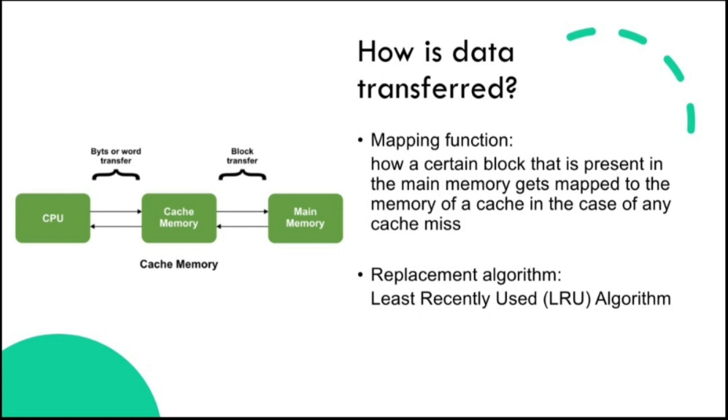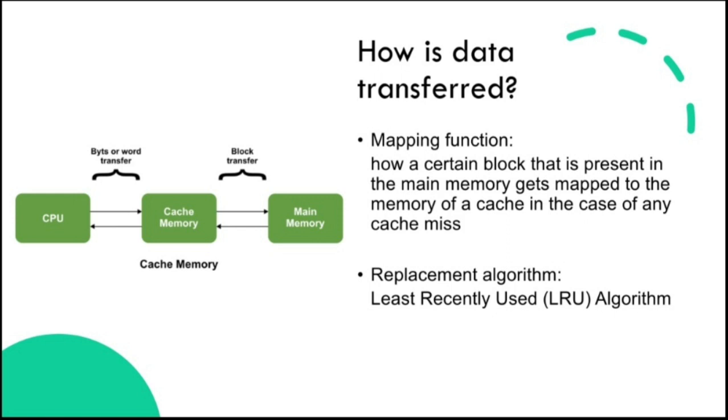When the cache is full and a memory word that is not in the cache is referenced, the cache control hardware must decide which block should be removed to create space for the new block that contains the referenced word. The collection of rules for making the decision constitutes the replacement algorithm.